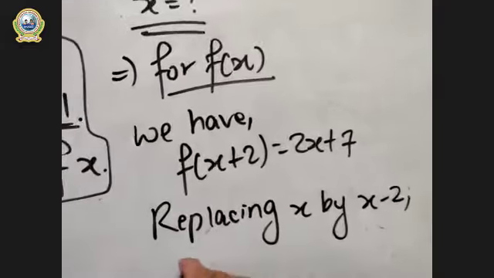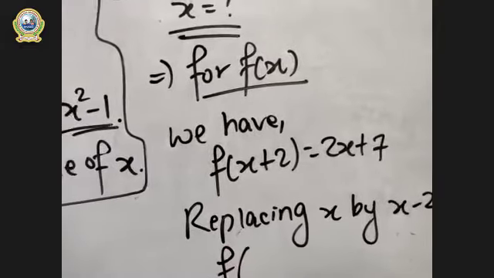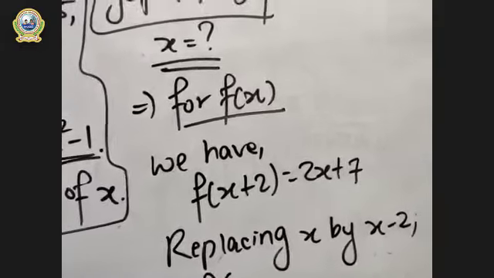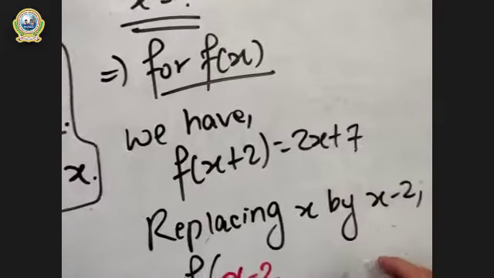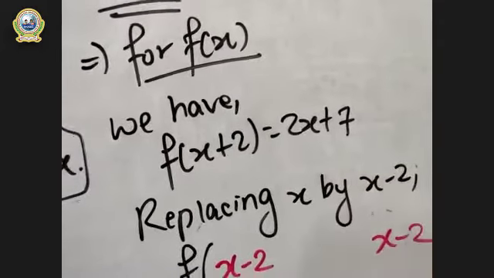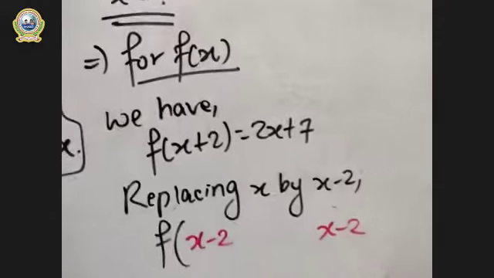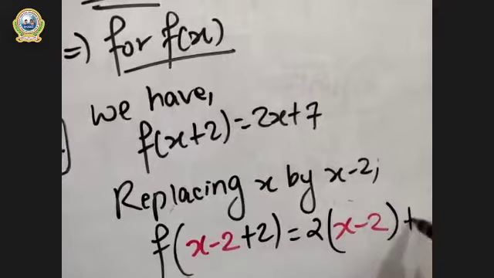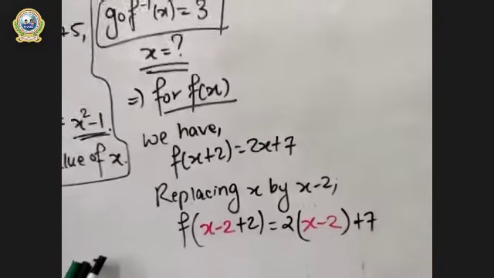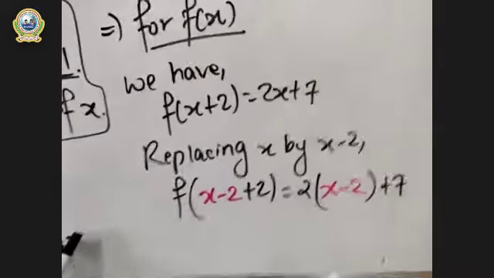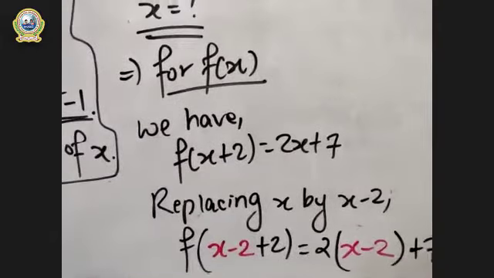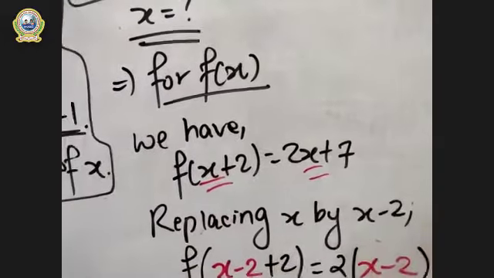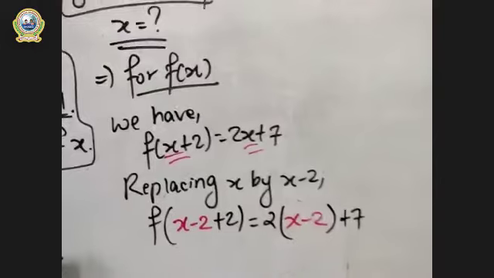We will have f(x-2+2) is equal to 2(x-2)+7. Look at here properly. Are you getting this concept? I have just replaced this x by x minus 2.